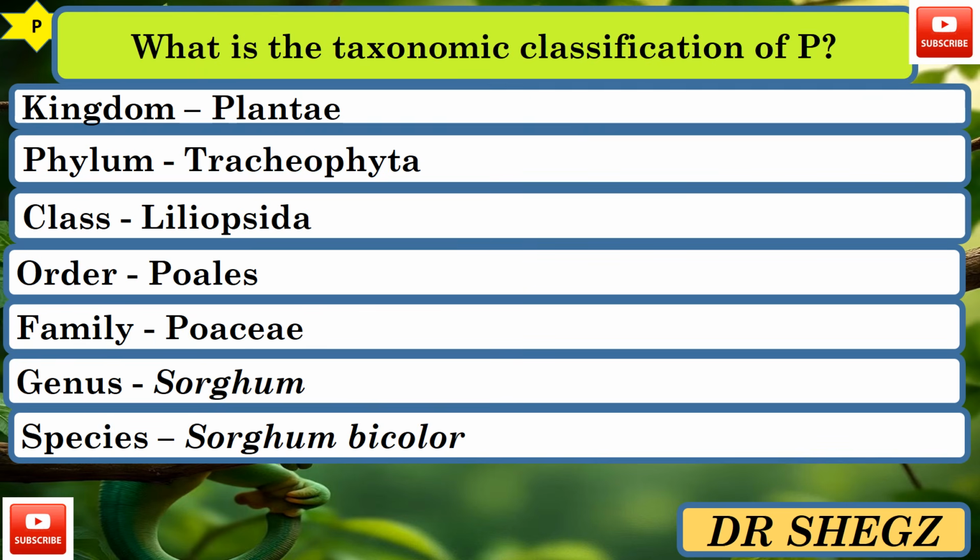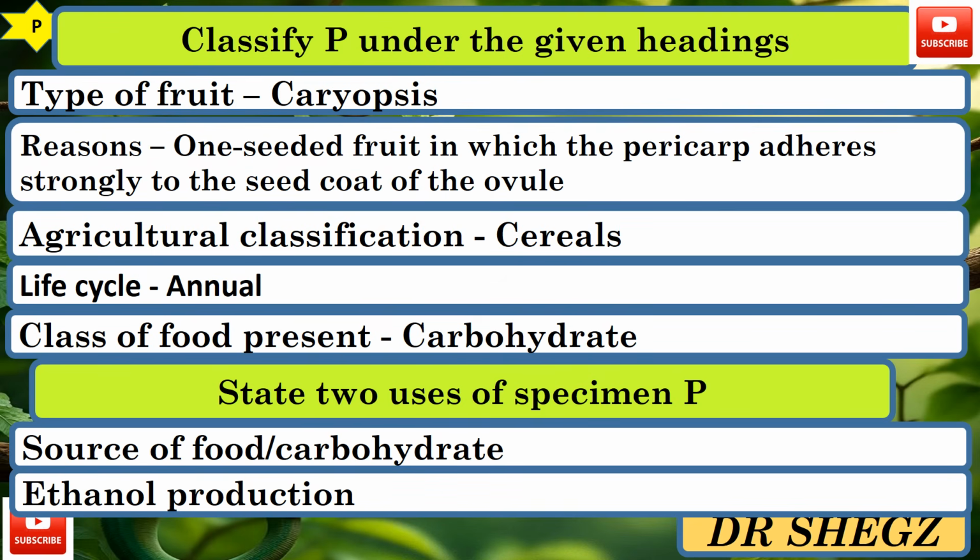And remember, majority of the specimens we have for this NECO practical are tracheophytes, which means they are vascular plants. So they have vascular bundles, and this one is not an exception.